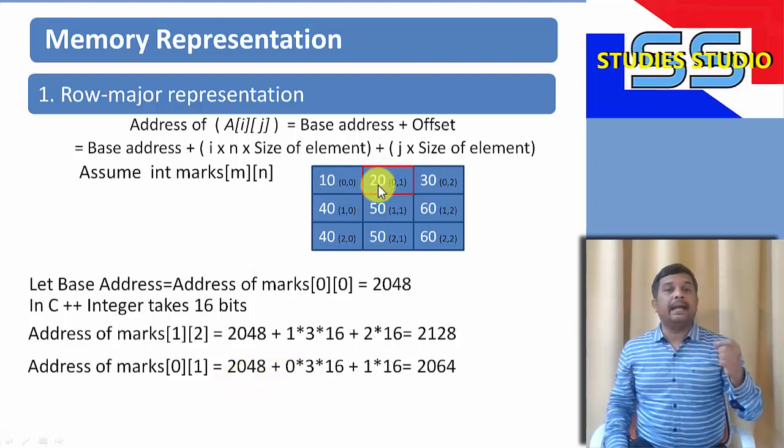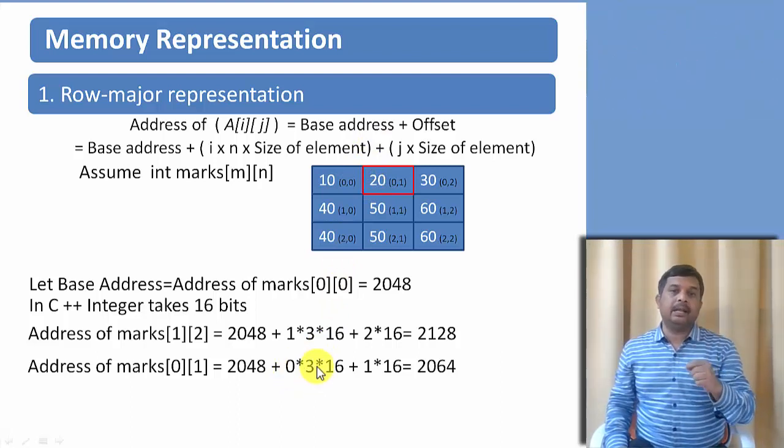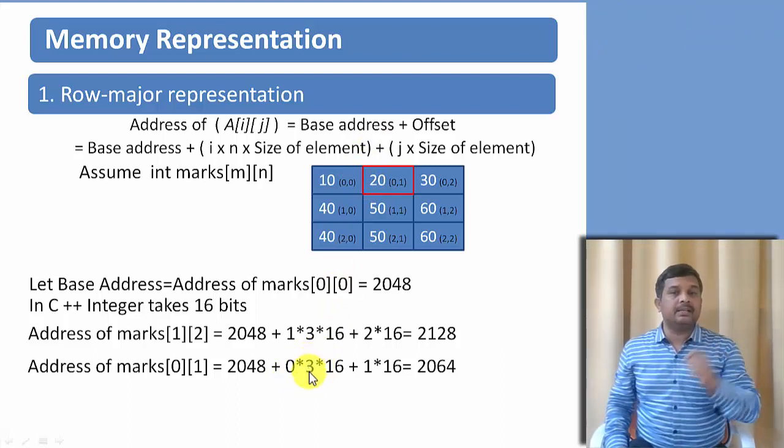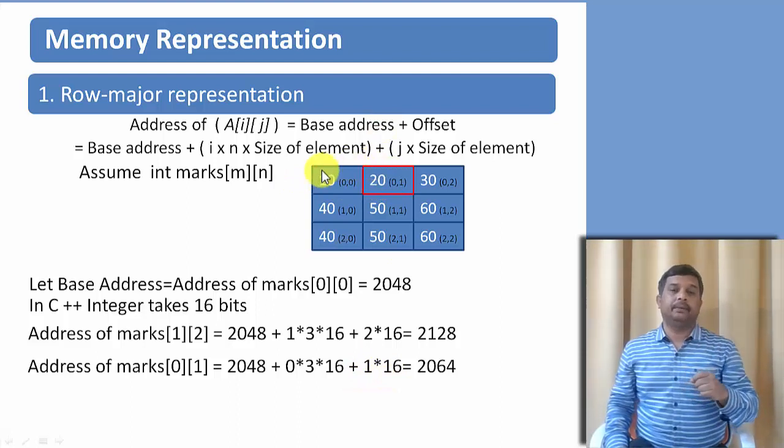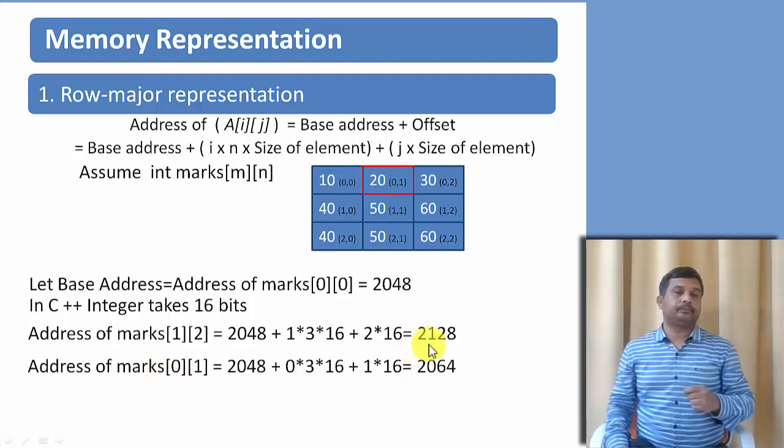So 0, and each row contains how many elements? 3 elements, and each element is having 16 bits. So 0 into 3 into 16. The second part is 1 into 16 because on this particular row there is one element available before this element. So that's why the address for marks[0][1] will be 2064.